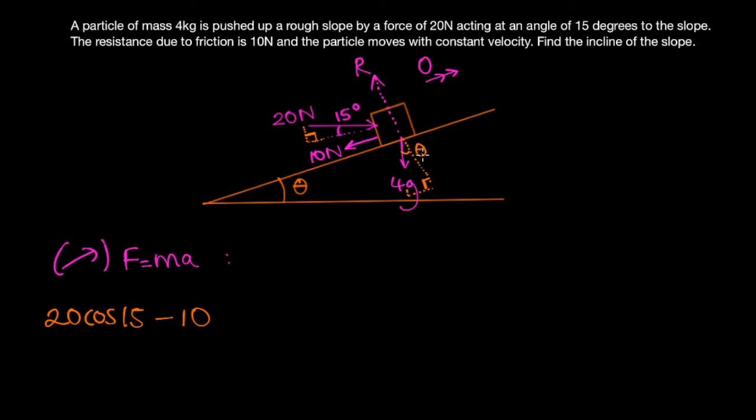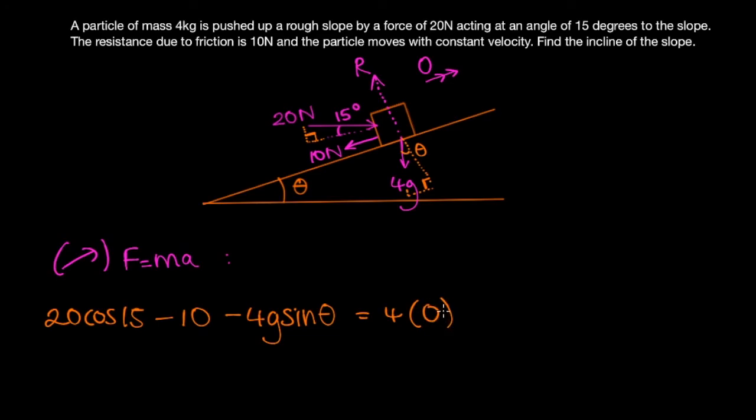And the component parallel to the slope is this component here, which is opposite the angle. So the component is 4g sine theta. So the sum of all the forces parallel to the slope is equal to ma. So the mass is 4 kilograms, but the acceleration is 0.